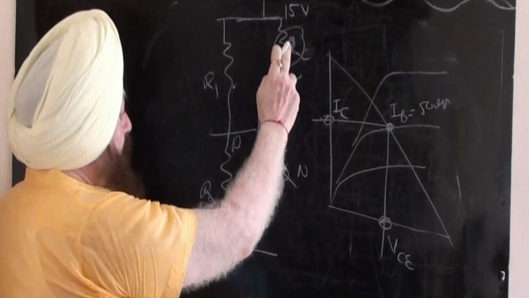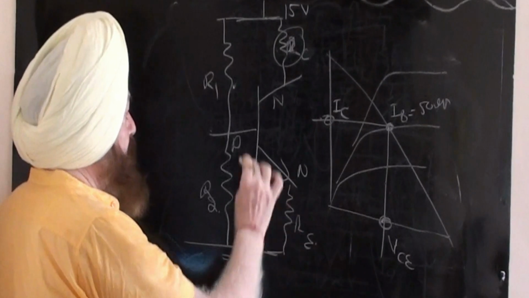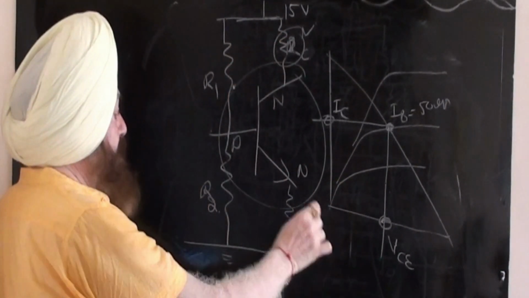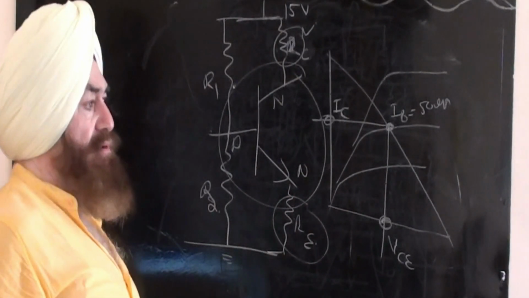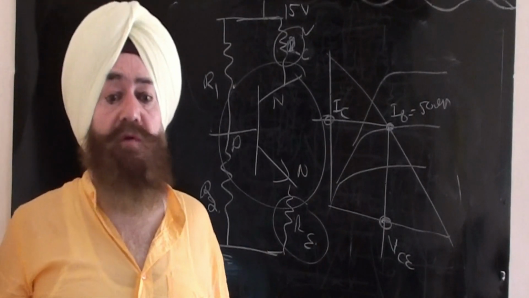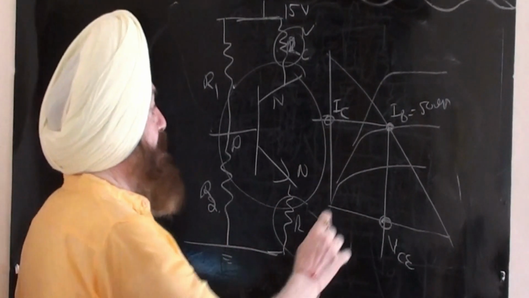Now there is a resistor RC and RE. This is the emitter resistor. So the transistor, RC potential divider with RE, what is the function? It provides negative feedback and stabilizes the Q point.